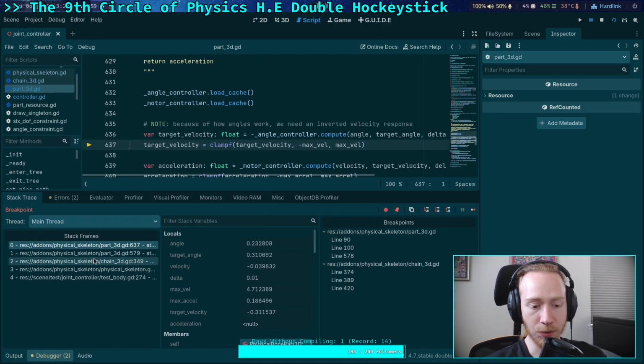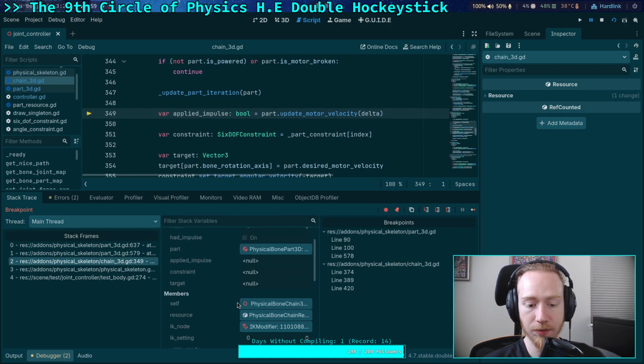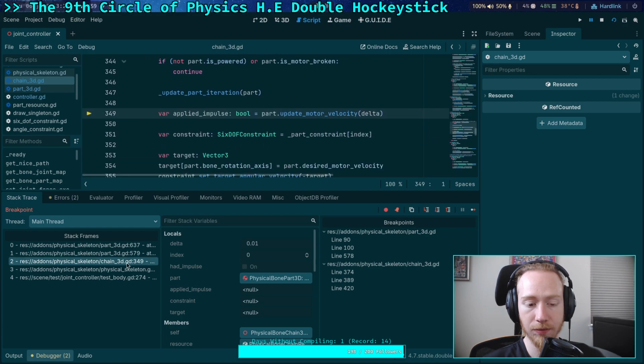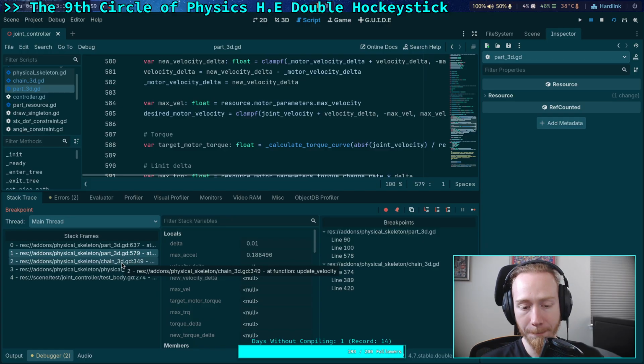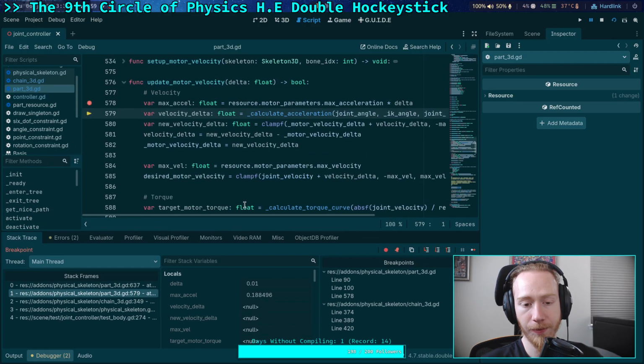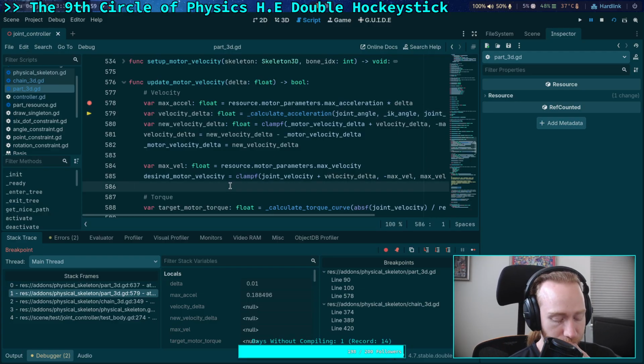The velocities don't look ridiculous, I think. It's definitely not correct.